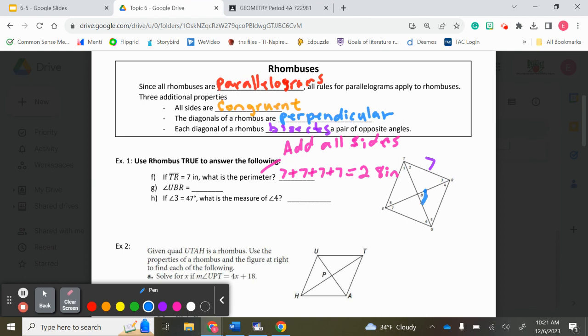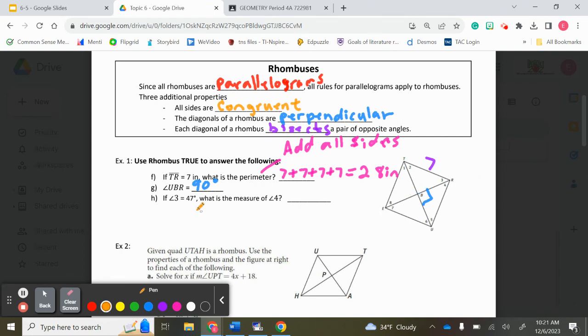They're right angles, which means that one is 90 degrees. And that works for this angle, that angle, and this angle as well.